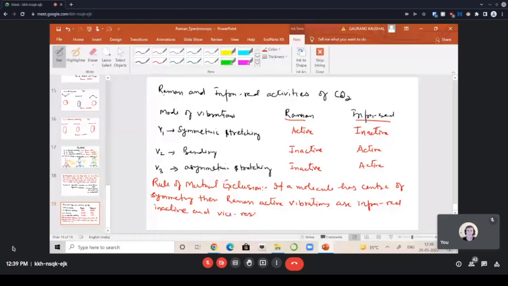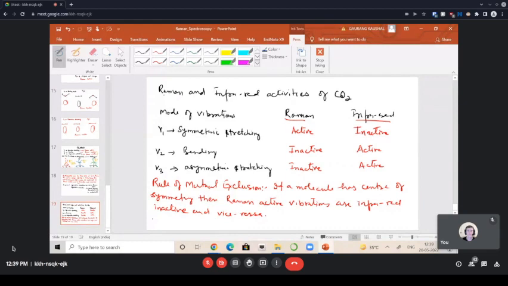And vice versa. Okay. And second, if there is a molecule with no center of symmetry, then some vibrations may be both Raman and infrared active. This is the case for the molecule having a center of symmetry.